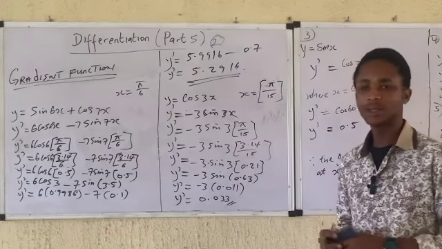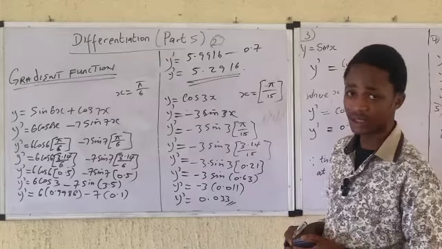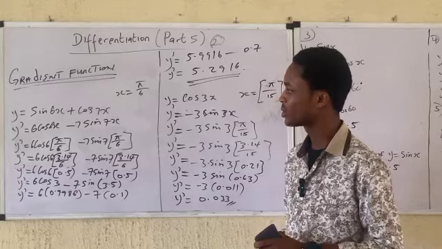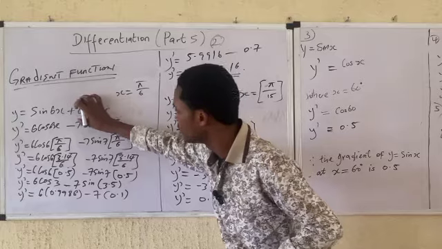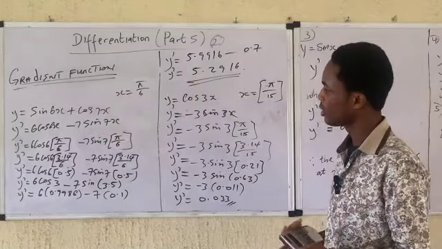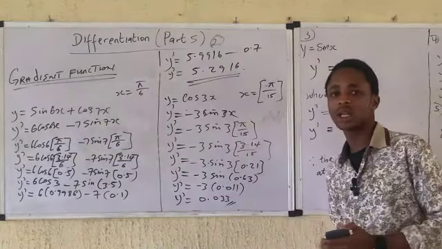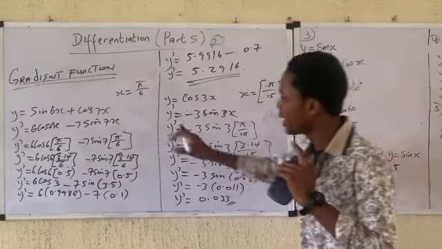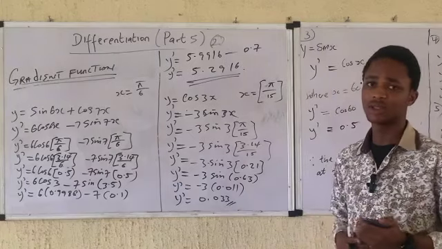Now, for example, let's see what is the gradient. The question now: what is the gradient of y equals sin 6x plus cos 7x at a particular point where x equals pi all over 6?